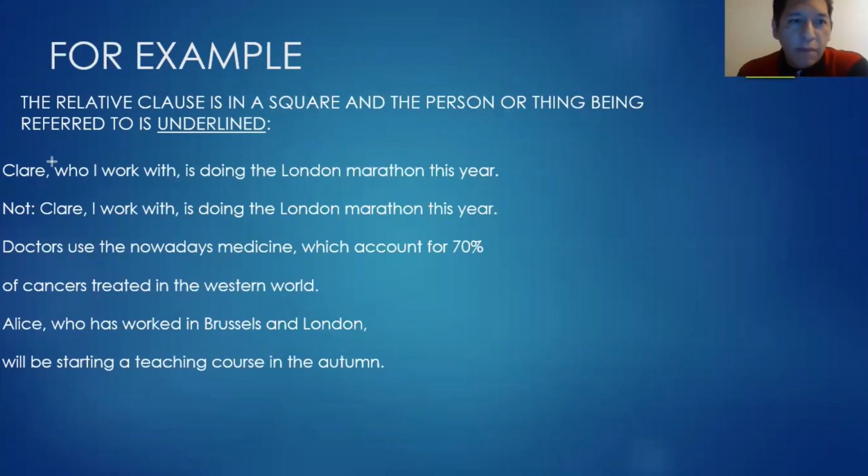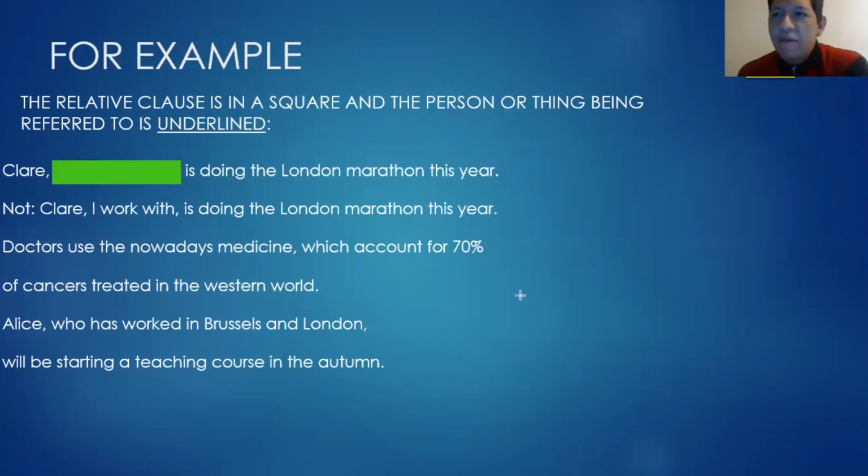And why do we need it? Because we are kind of separating that extra information that is not necessary, but that we want to give, okay? Now, maybe it's kind of confusing for you. Let me erase this one so that it's clearer. It says, Claire, who I work with, is doing the London Marathon this year.